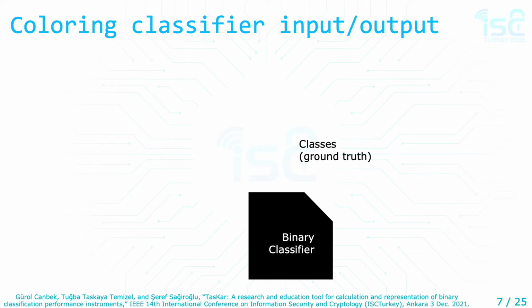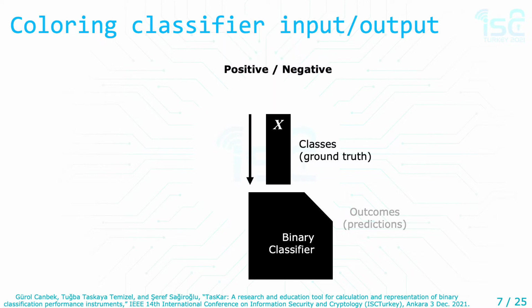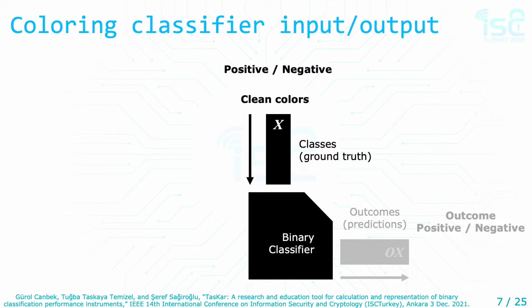As you know, a binary classifier takes some inputs as in classes or ground truth and makes some predictions by yielding some outcomes. So it accepts positive and negative classes and makes predictions by yielding outcome positive or negative.